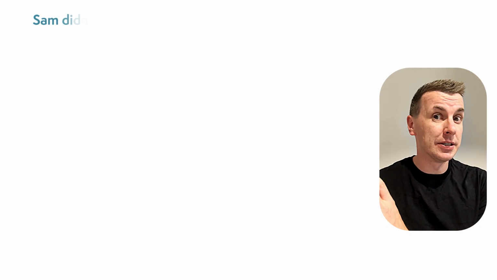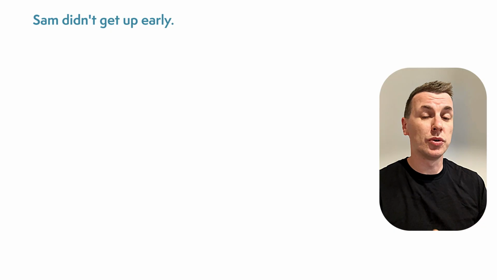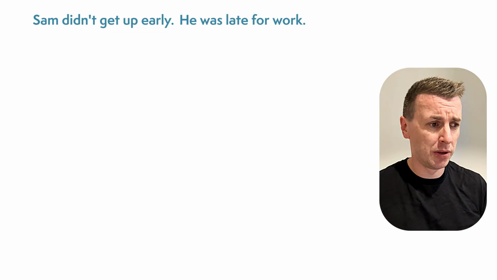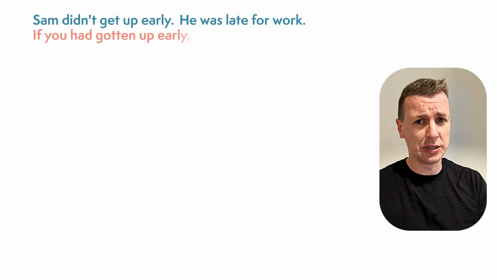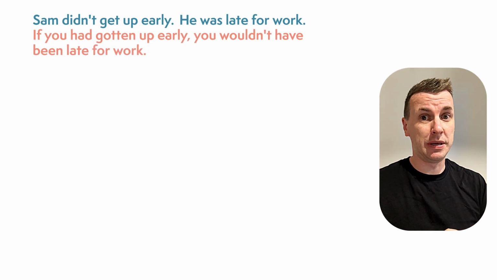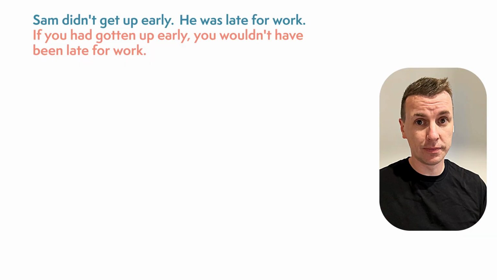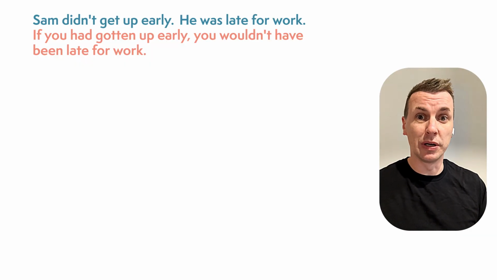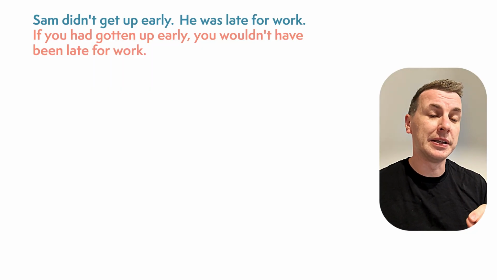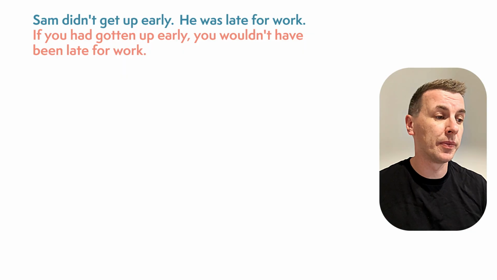Sam didn't get up early, and he was late for work as a result. Now you're telling him, if you had gotten up early, you wouldn't have been late for work. But you didn't, and you were late for work. All right? Okay, so here's the next situation.